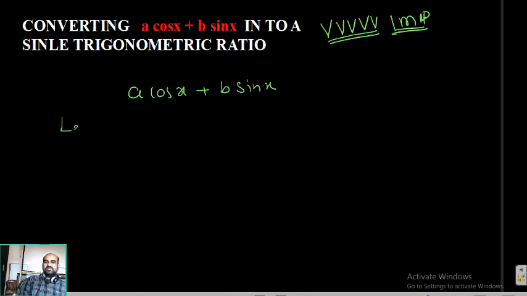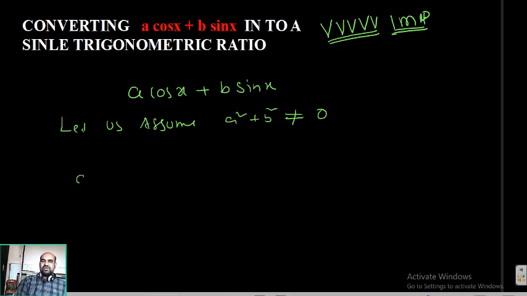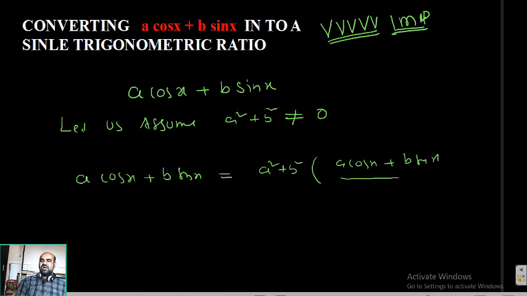Let us assume a square plus b square not equal to 0. Okay, if a square plus b square equals 0, both a and b are 0, that only happens. So indirectly you can say that a and b are not at a time 0. Okay. So students observe, a cos x plus b sin x equals root over a square plus b square into a cos x plus b sin x by root over a square plus b square.